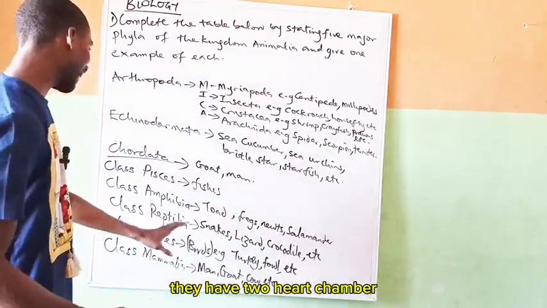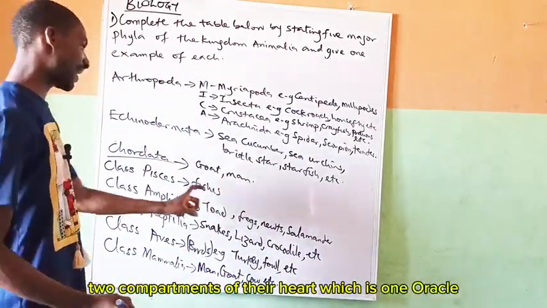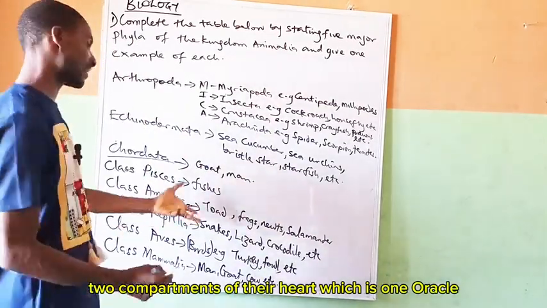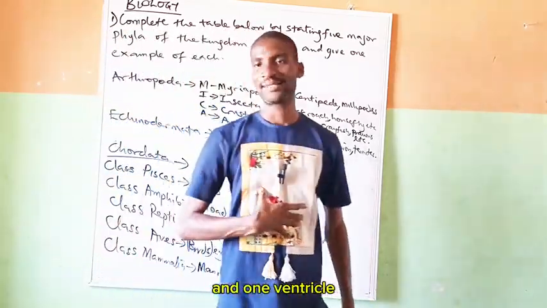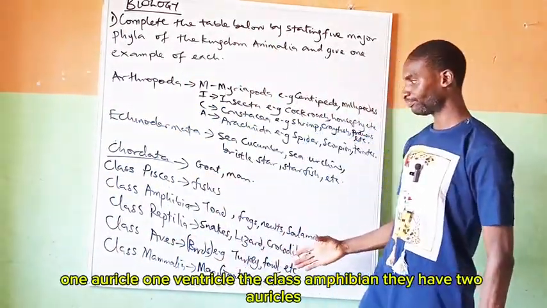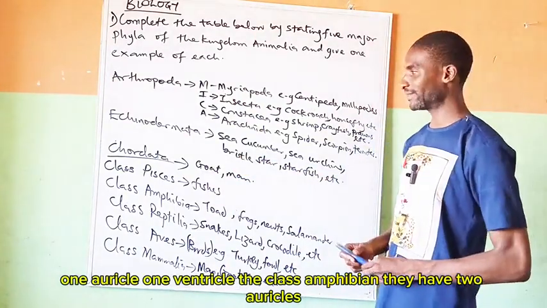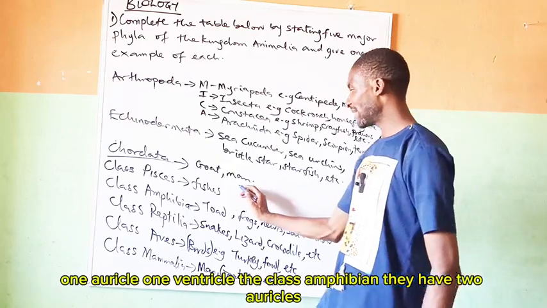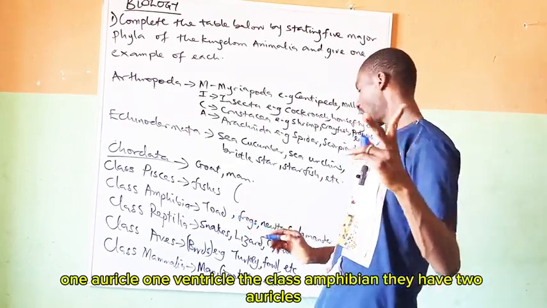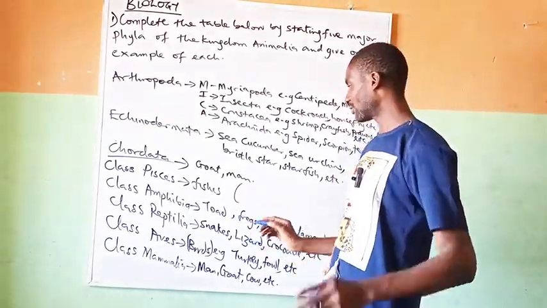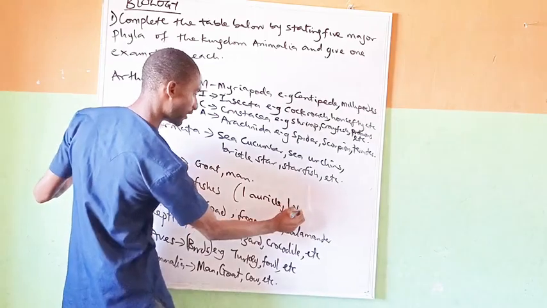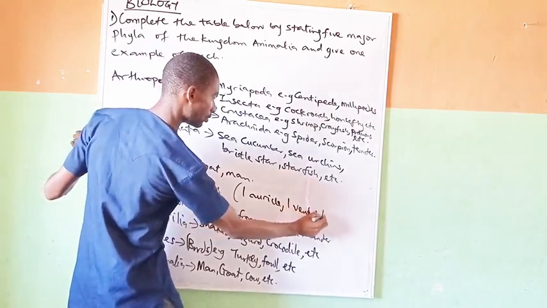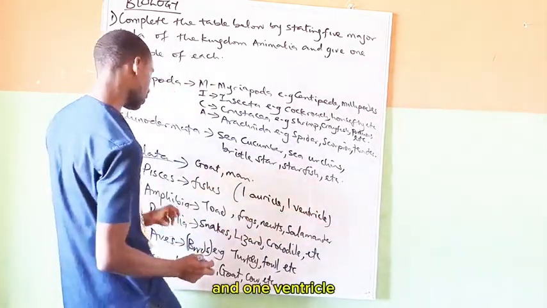Now, before I stop on this, I want to point your attention to this. They can ask you what is the type of heart that you have in these organisms? So for the class Pisces, they have two heart chambers, which is one auricle and one ventricle.